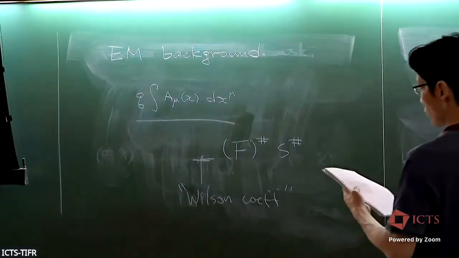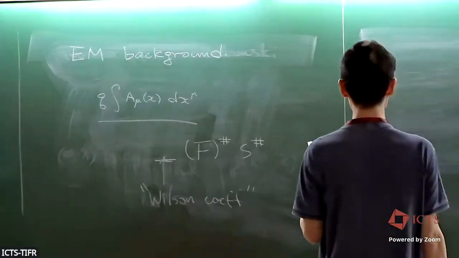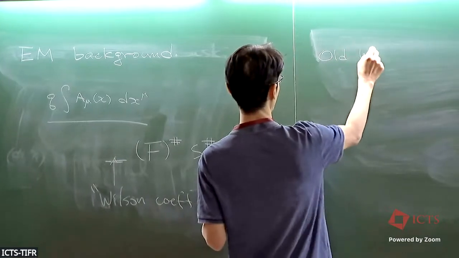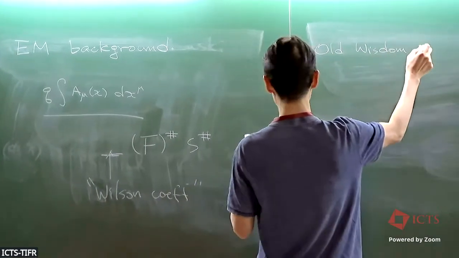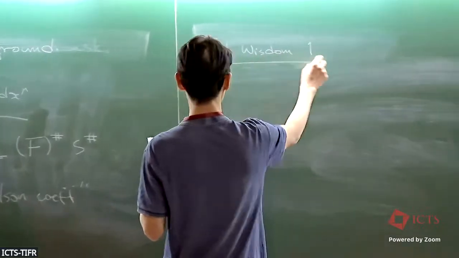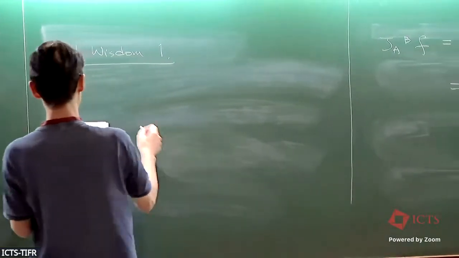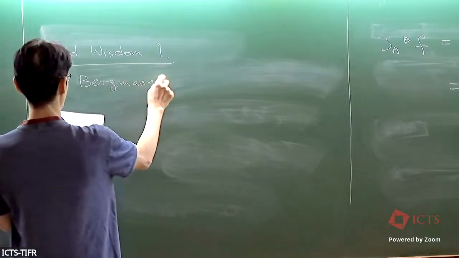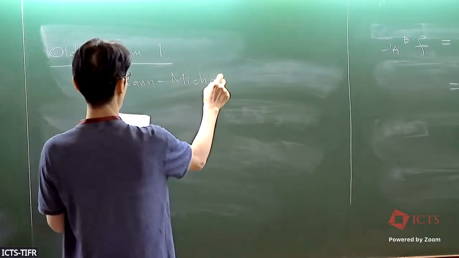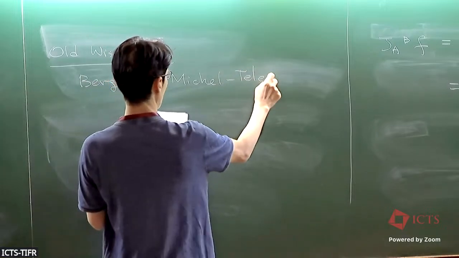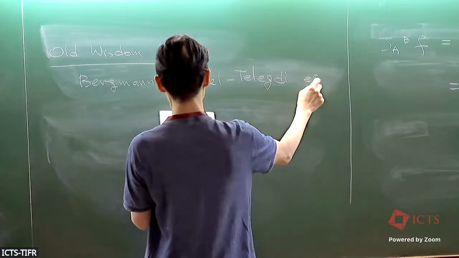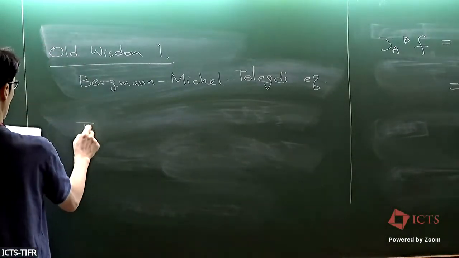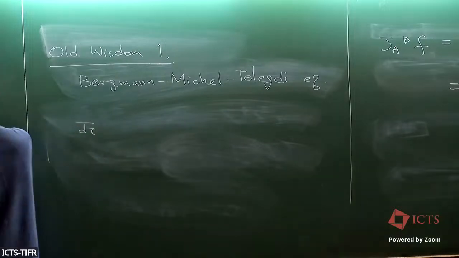So in the world of spinning charged particles, there are some well-known facts. So let me call them old wisdom. There are several of them. One of them is this equation by Bargmann, Michel, Telegdi.